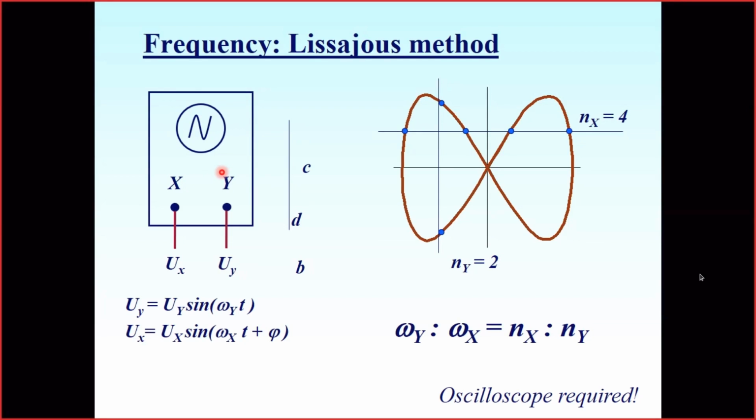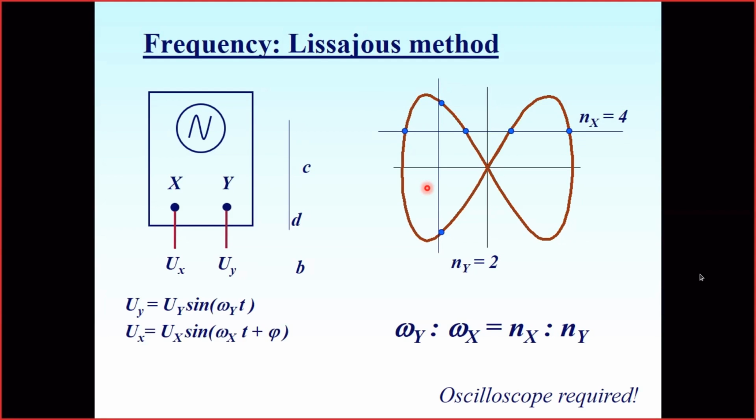Another limitation of the Lissajous method is that we may measure the frequency of the harmonic signal only. Generally, we may use it with some signals which are close to harmonic, but then the shape of the figures will be very unclear. It absolutely doesn't work with a rectangular signal, because the Lissajous figure for rectangular signals will be imperceptible.